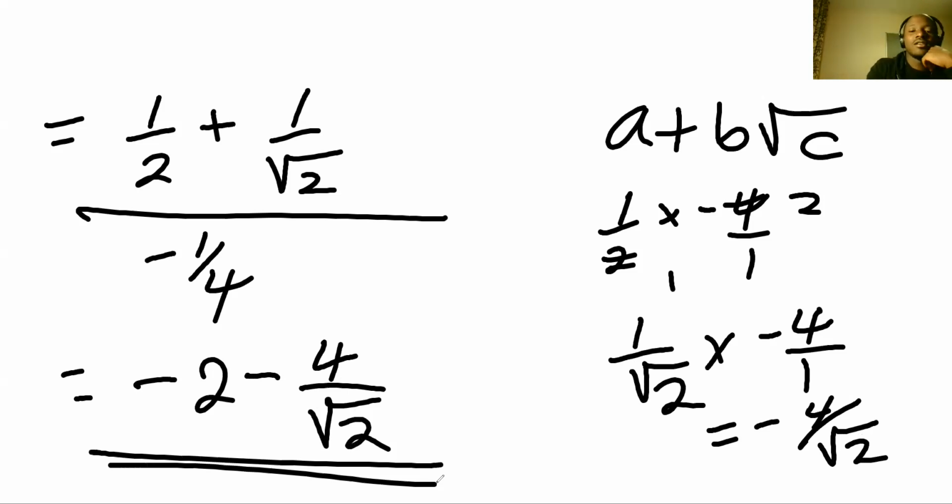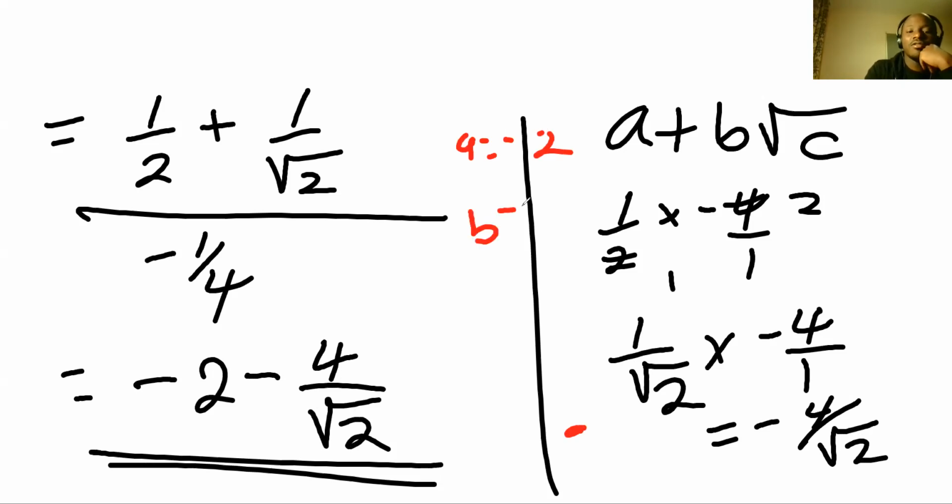So in this case, your a is negative 2, and your b is negative 4, and your c is, oh, sorry, we are not done, my people.